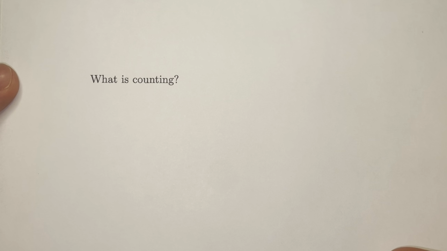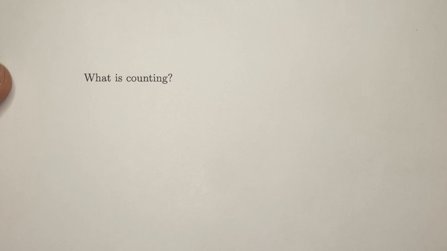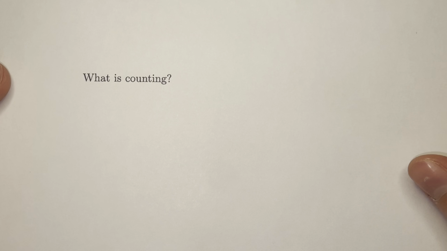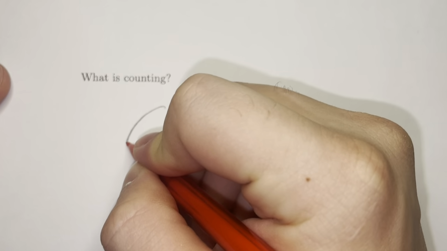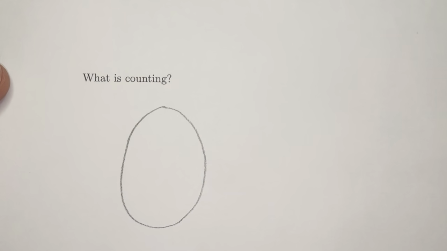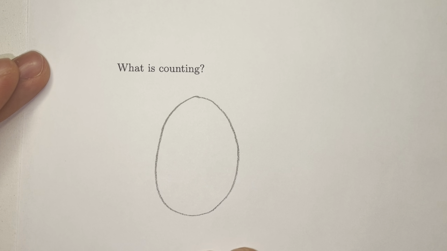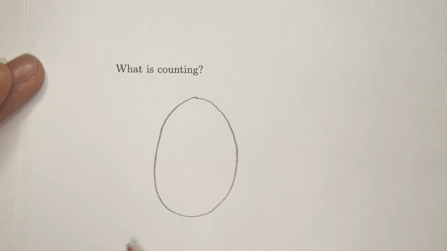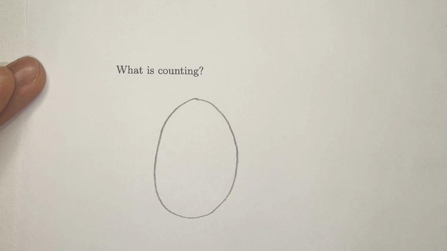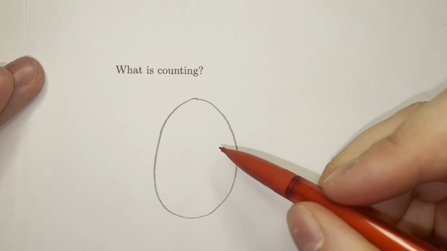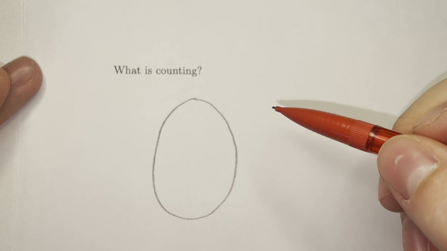So that leads us to the idea of counting. What exactly is counting? Well, let's say we have a group. And we start with nothing. There's nothing in this. And every time we put another dot into this group, we are counting another number.